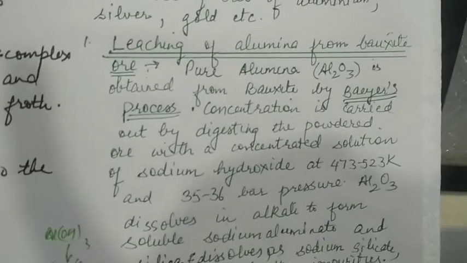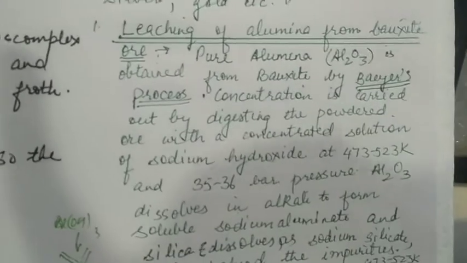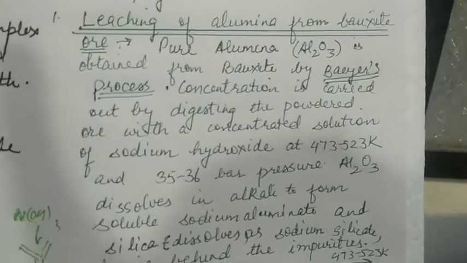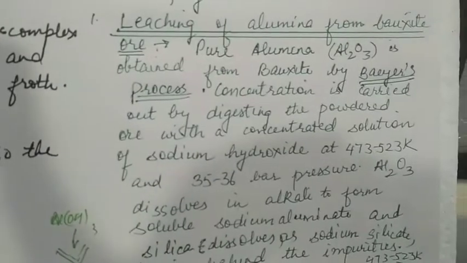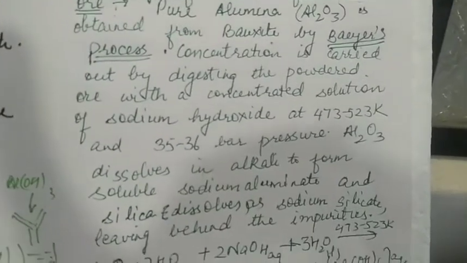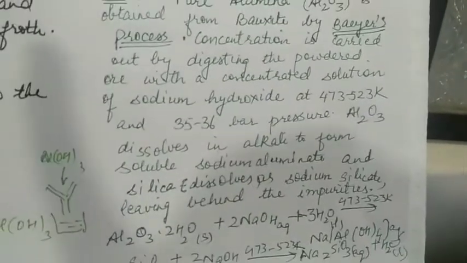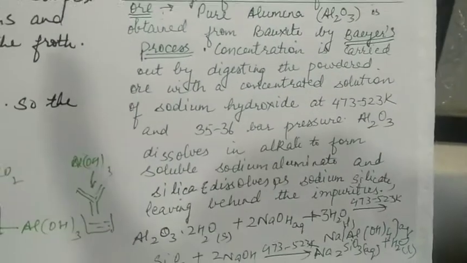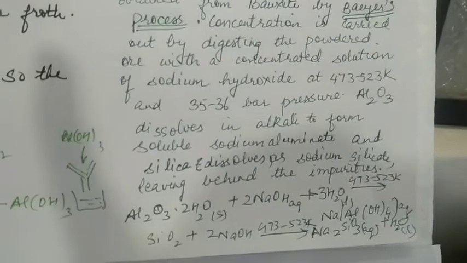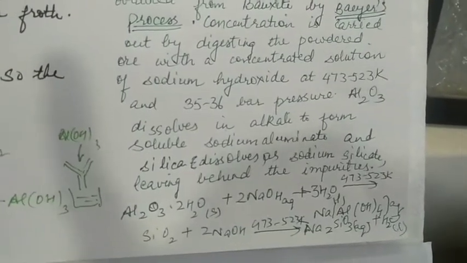Pure alumina is obtained from bauxite by the leaching process which is called Bayer's process. So concentration is carried out by digesting the powdered ore with a concentrated solution of sodium hydroxide at 473 to 523 Kelvin temperature and 35 to 36 bar pressure.